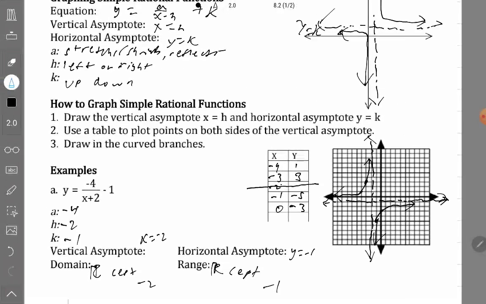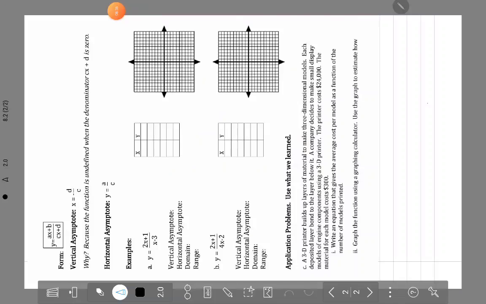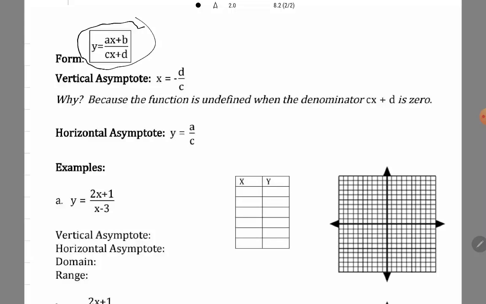Alright, let's go to the next page. So those are some simple ones. So let's look at not so simple. So if it's in this form, the vertical asymptote is x equals -d over c, and the horizontal asymptote is y equals a over c.